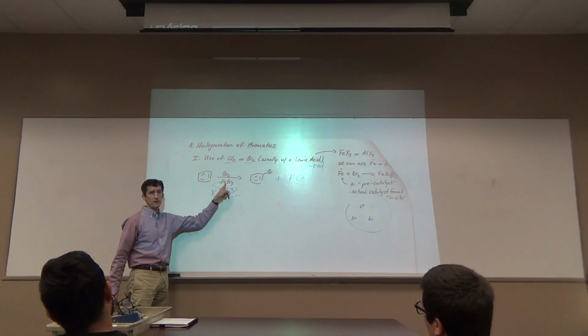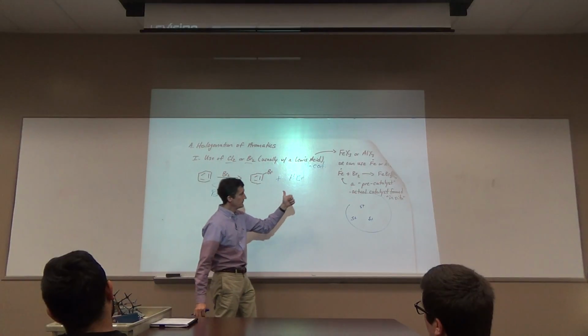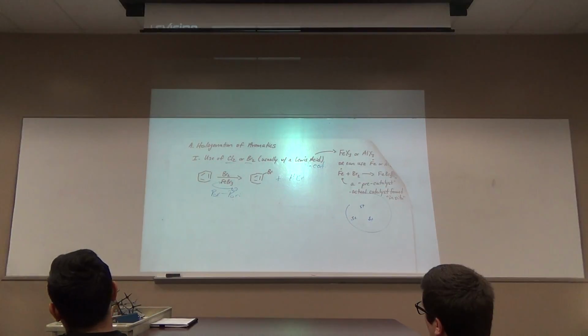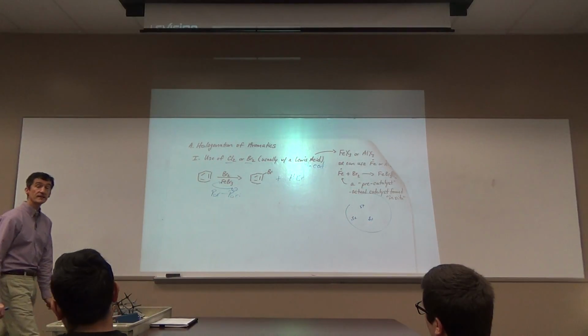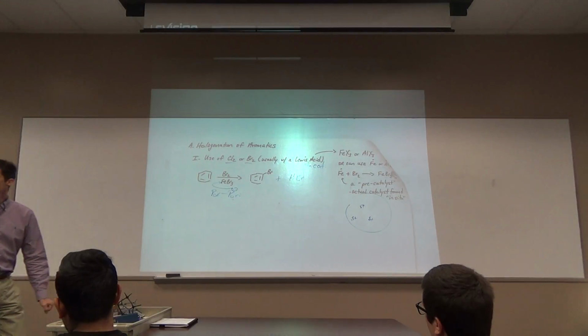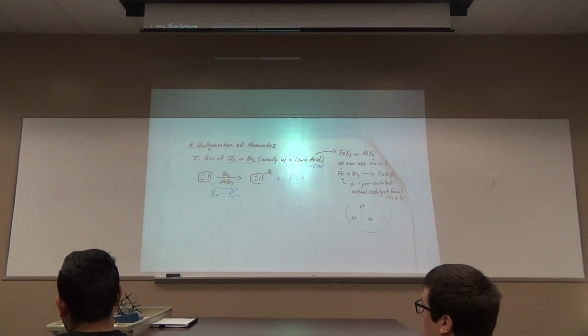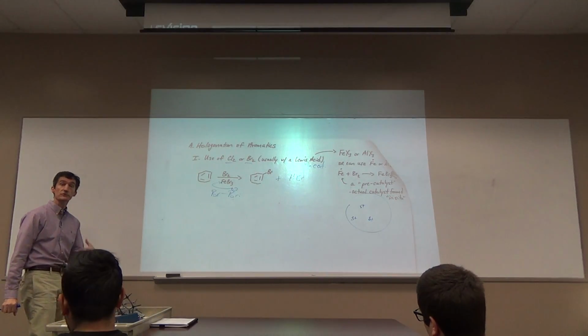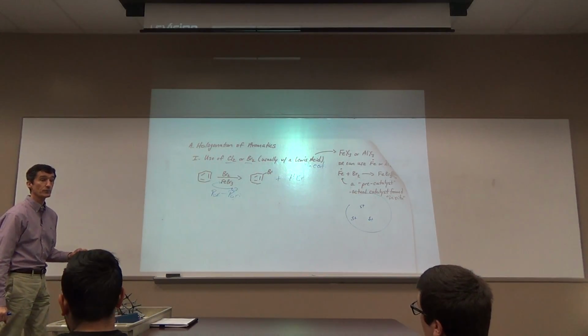Your transition metals like iron, which is the main one we're using here, we'll also use aluminum, have empty d orbitals. And the empty d orbitals can accept electrons. Your transition metals tend to be electrophilic with those empty d orbitals.